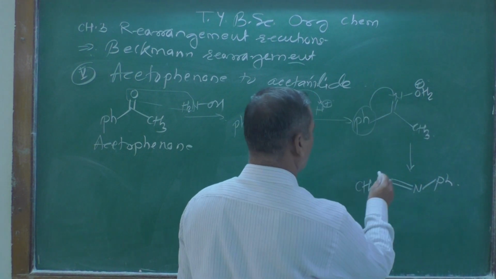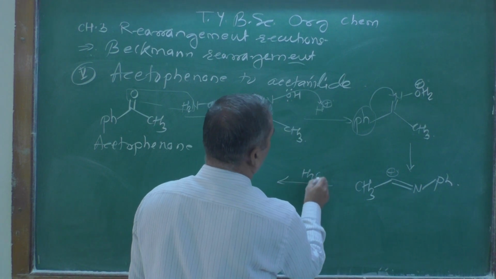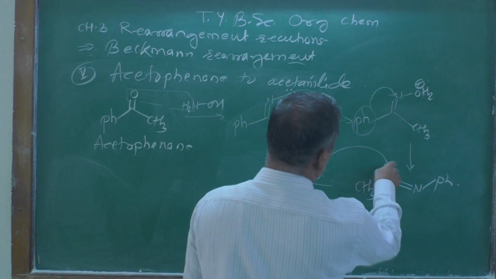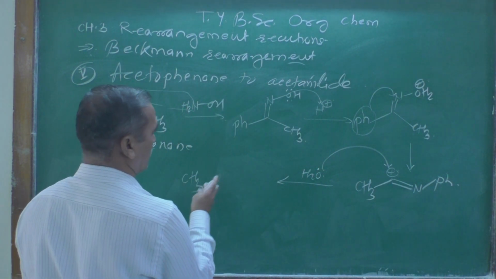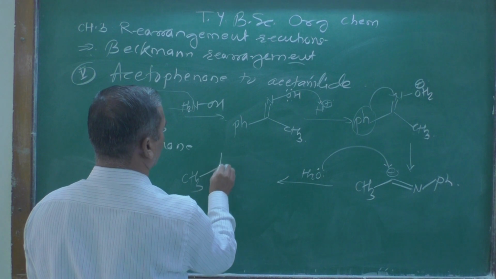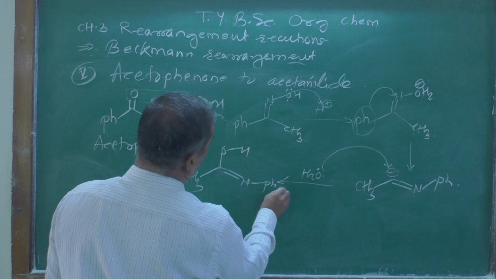And now here is a positive charge, and then water is going to attack on that carbocation, and you are going to get here CH3, then OH, double bond N and the pH, right?